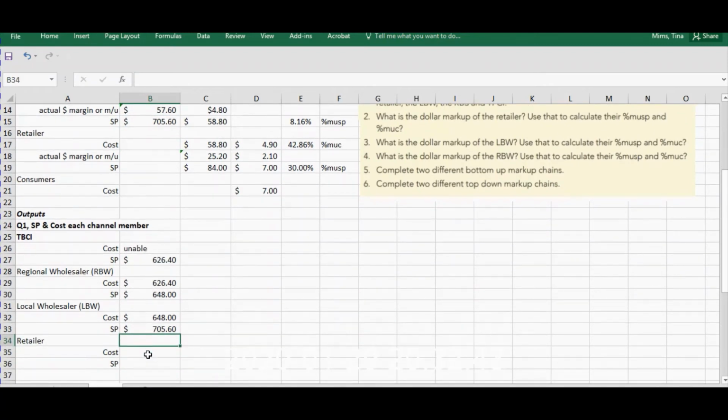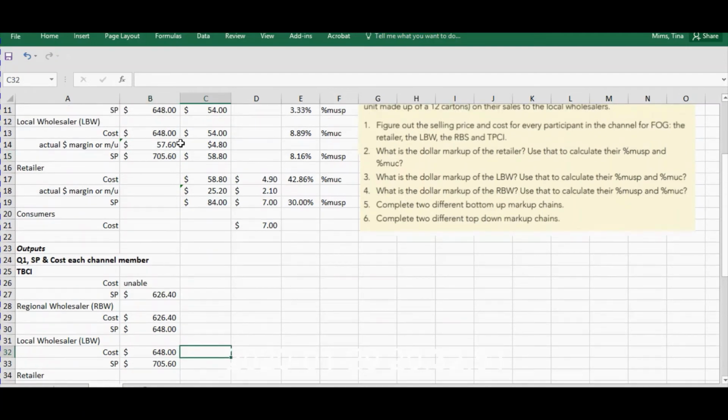So now here we have an issue. We need to now also have at the carton level the local wholesaler's carton cost. Let's get that. We could actually do it again here, dividing by 12, and the local wholesaler's selling price.